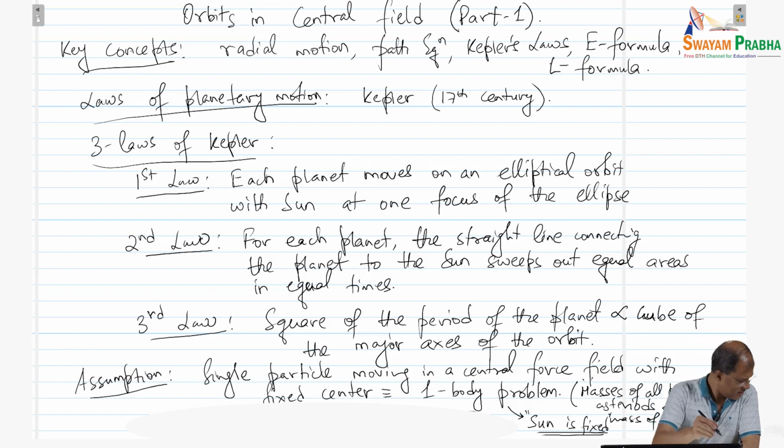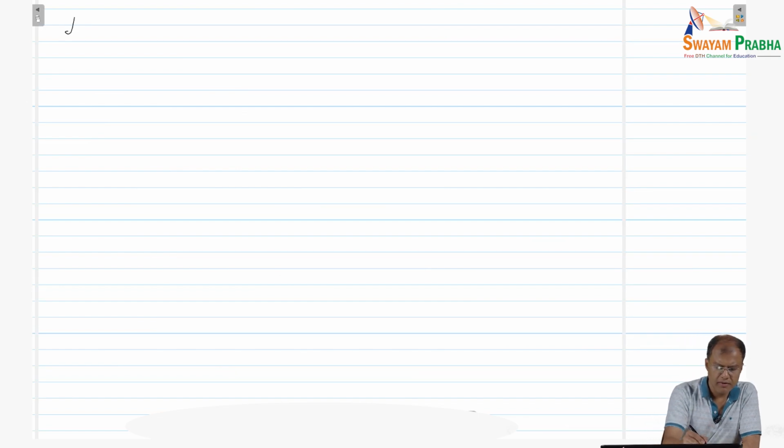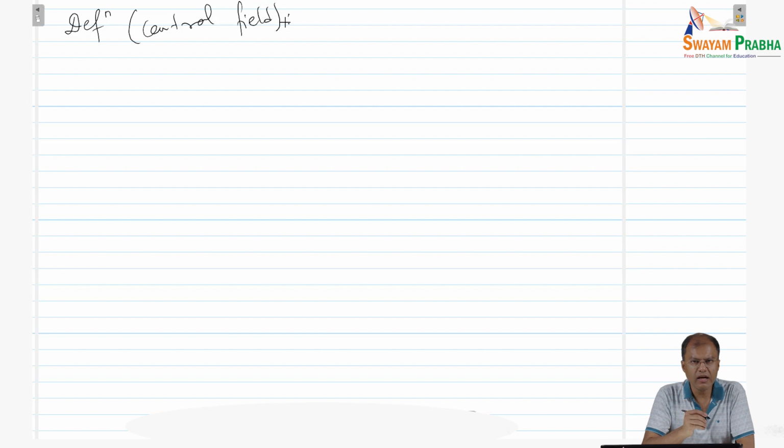Okay, so before moving ahead, let us first define what a central field is. A central field is a force field which is acting along the radial direction, that is, along the direction which is parallel to the line joining the two bodies under consideration.